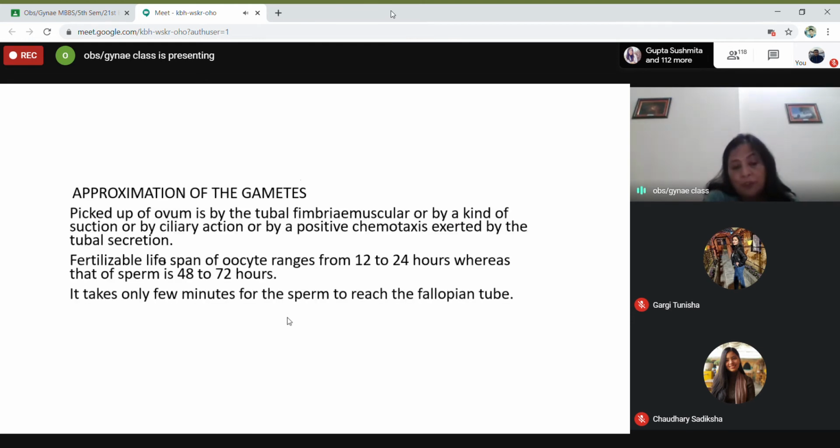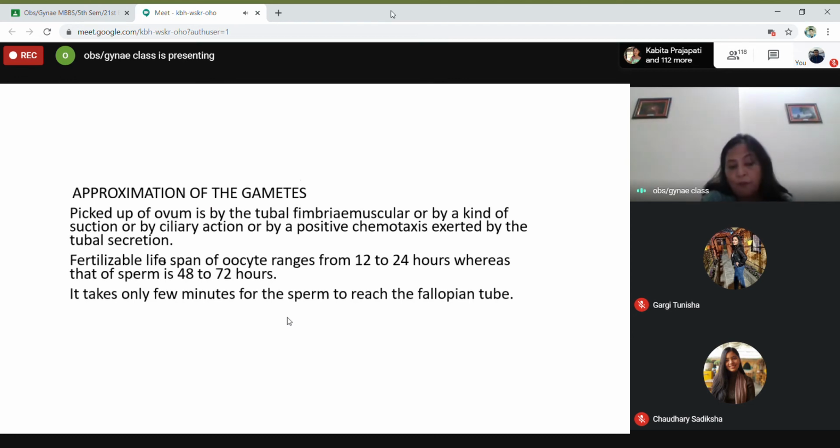Approximation of the gametes: after ovulation, the ovum is picked up by the fimbrial end of the tube. That may be due to fimbrial muscular action, or by a kind of suction, or by the ciliary action present in the tube, or by the positive chemotaxis exerted by the tube.